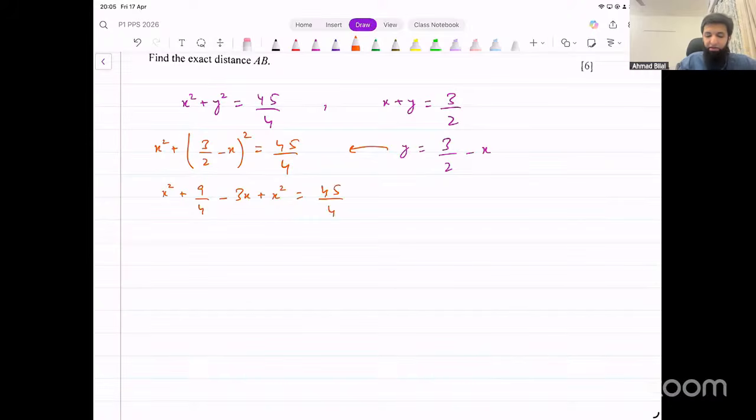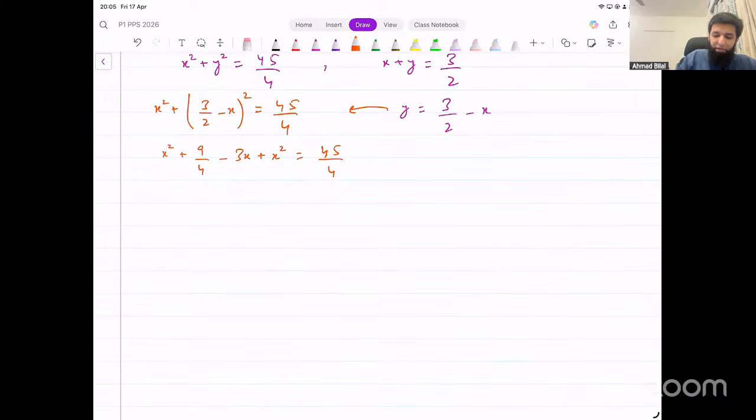Now to simplify this, I'll just multiply the whole equation by 4, the LCM, so that the fractions get eliminated. If I multiply the whole equation by 4, I get 4x squared plus 9 minus 12x plus 4x squared equal to 45. Okay, on the left side now we've got 8x squared minus 12x minus 36 equal to 0.